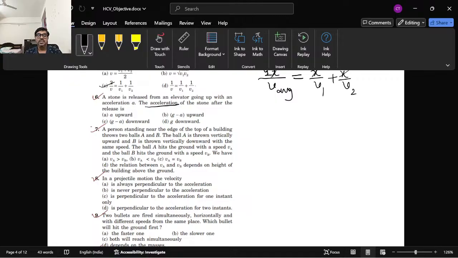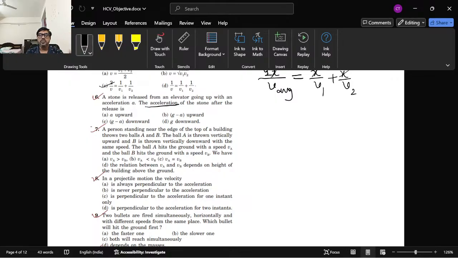So the concept they are testing is, if not mentioned, you take the reference frame as the ground, the surface of the earth. I may mention an elevator, some other car, helicopter, aeroplane, but if I don't mention the reference frame, it is assumed to be the ground.